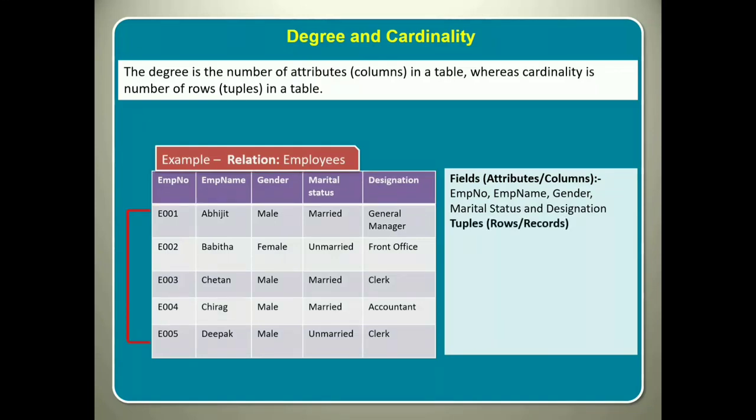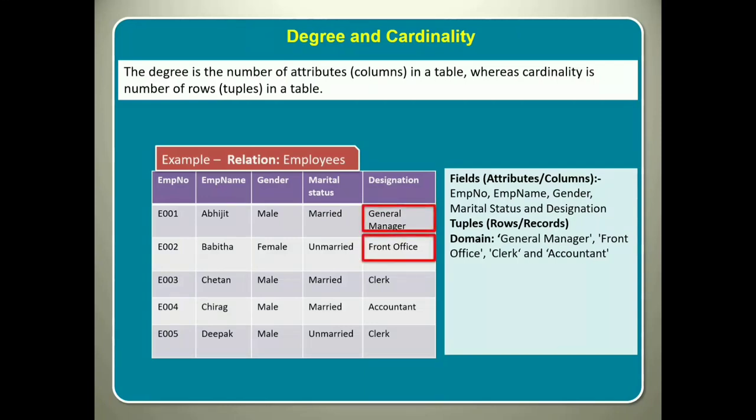Tuples, rows or records. Domain. Possible values of designation are general manager, front office, clerk, accountant. Degree 5. Number of columns. Cardinality 5. Number of rows.